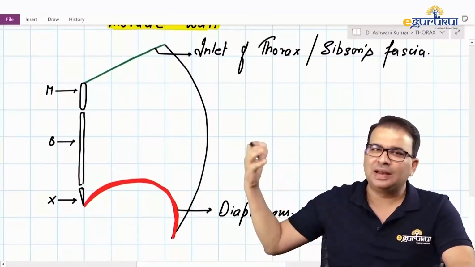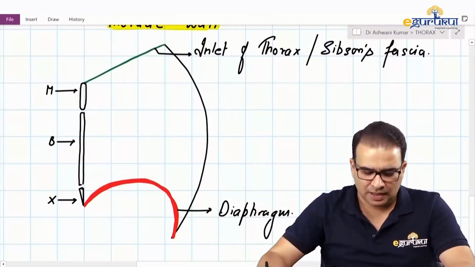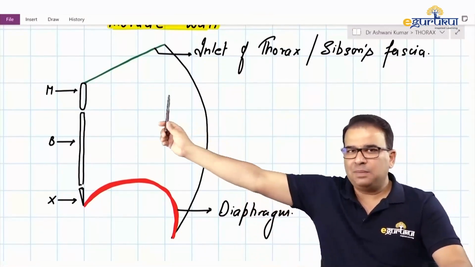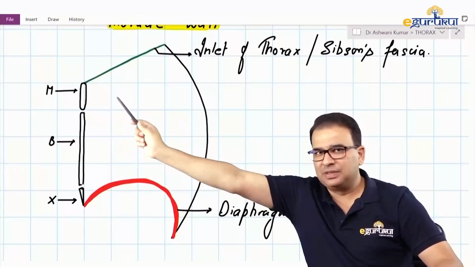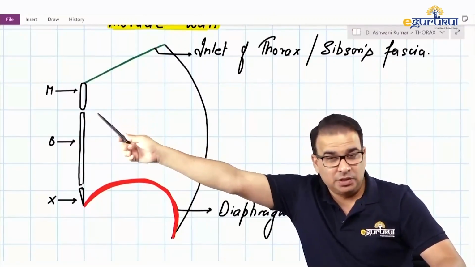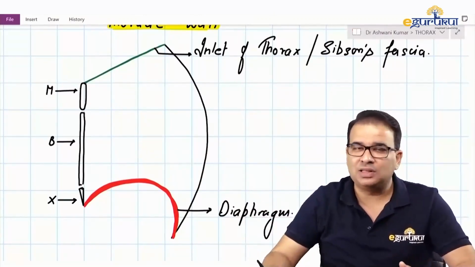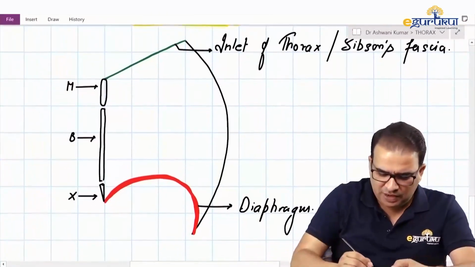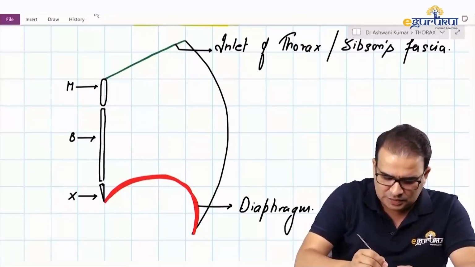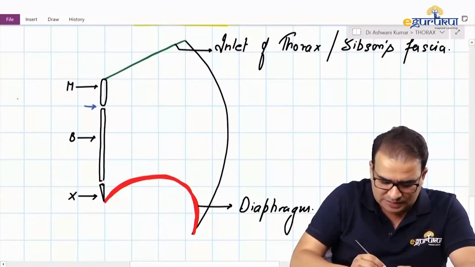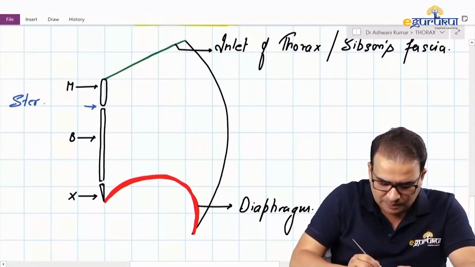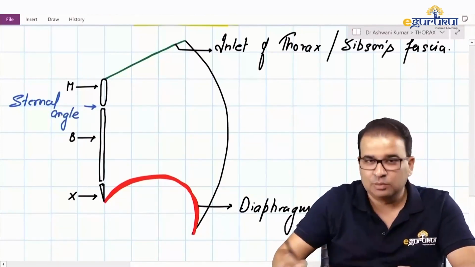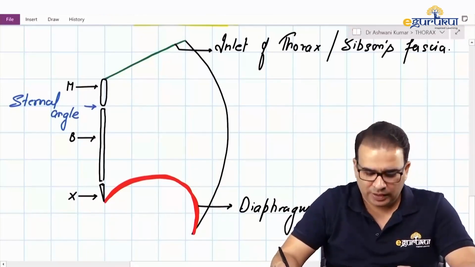Before we move on to the inlet and the outlet, and we'll discuss in more detail, I hope you know that manubrium and the body of the sternum, this angle between the two is called as the sternal angle or the angle of Louis. Now, this is a very, very important landmark here, guys. This here is called as the sternal angle. I'll tell you more about the sternal angle or angle of Louis.